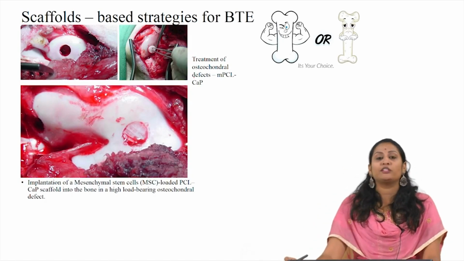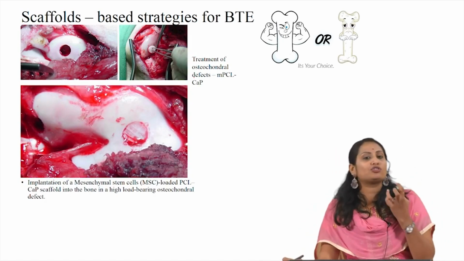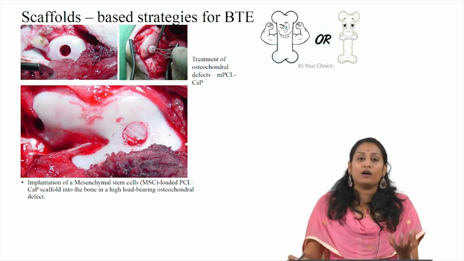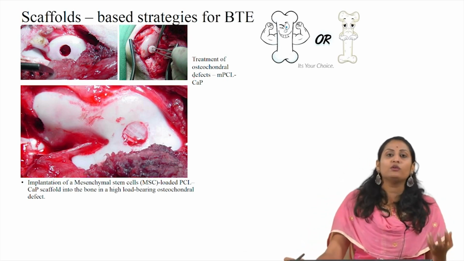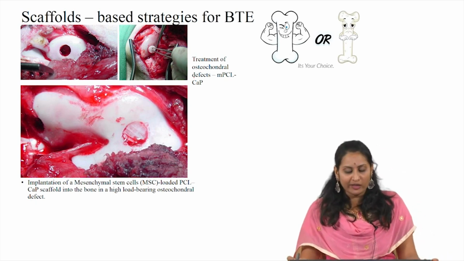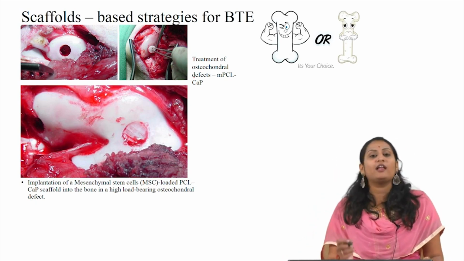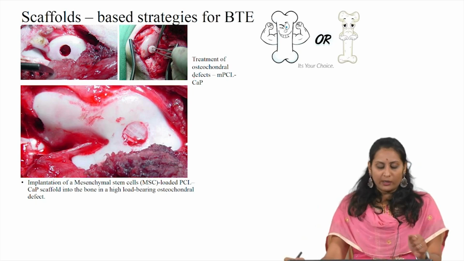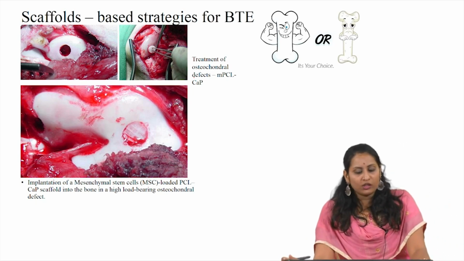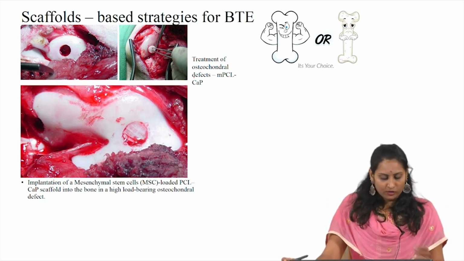And this is for the treatment of load bearing osteochondral defects. Since this is bone, we need to test for load bearing defects, again with PCL and calcium phosphate, where they drilled a hole to create a load bearing osteochondral defect.